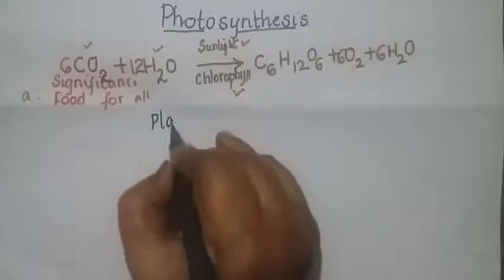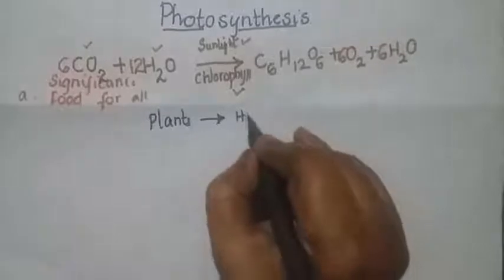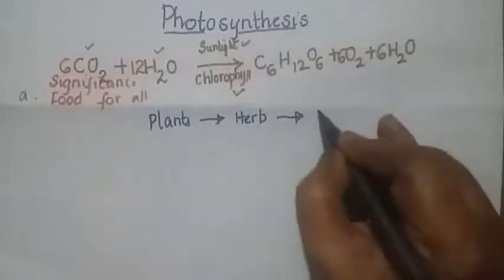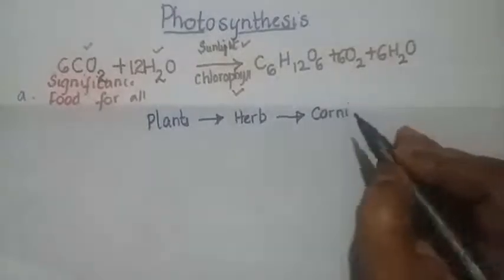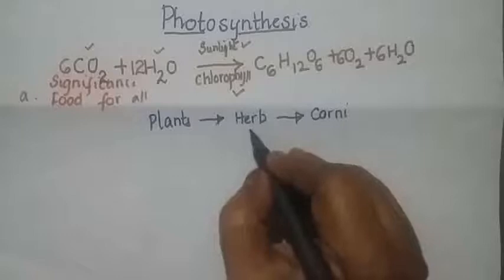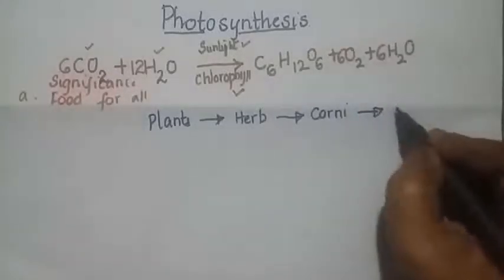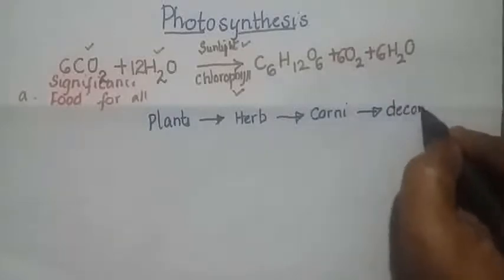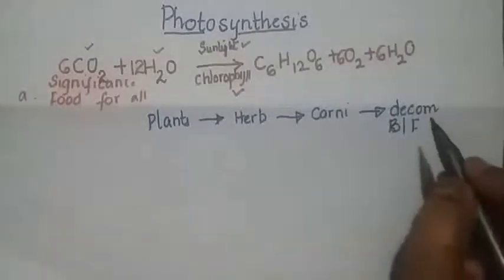Plants are eaten by herbivores, and herbivores are consumed or eaten by the carnivores, and after the death of herbivores and carnivores, they are decomposed or fed upon by the decomposers like bacteria and fungi.